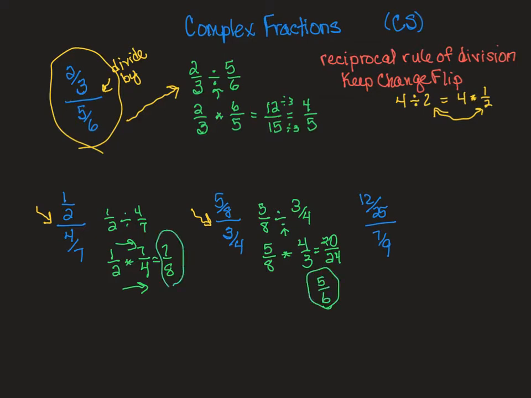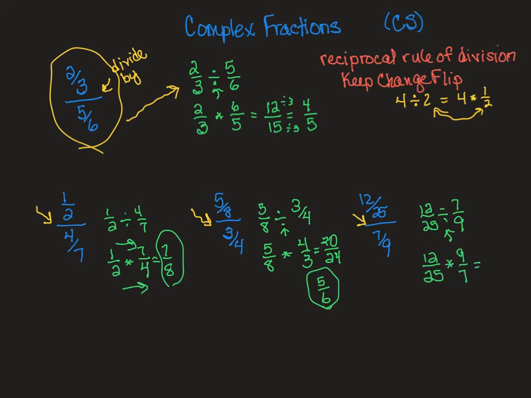Okay, so here are my answers. And I'm going to go to the last one. And again, 12/25 divided by 7/9. So here I go. 12/25 divided by 7/9. Can't do that. 12/25 times 9/7.